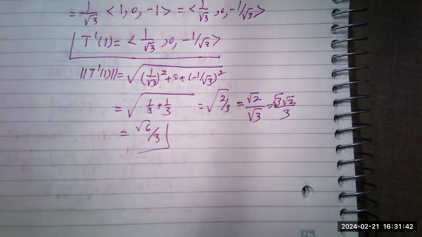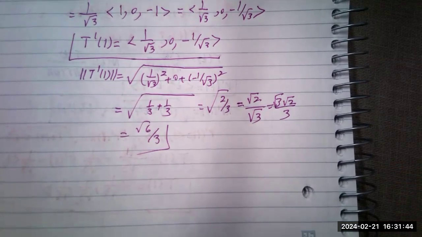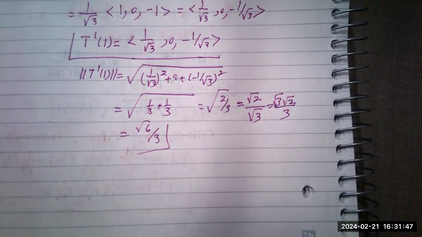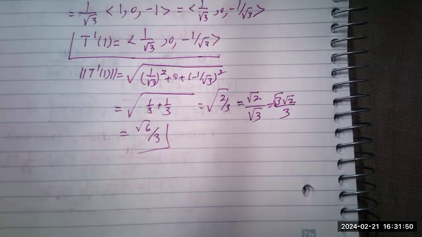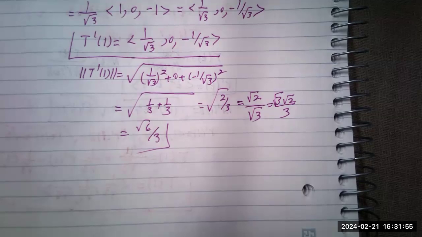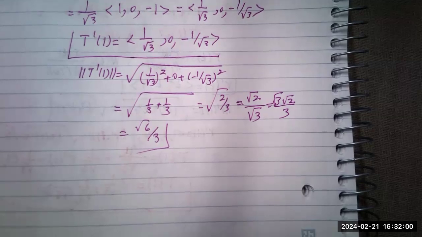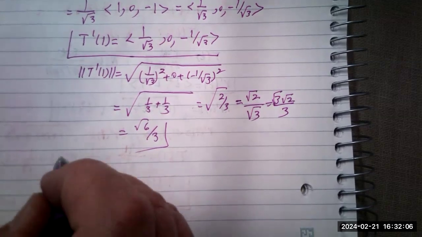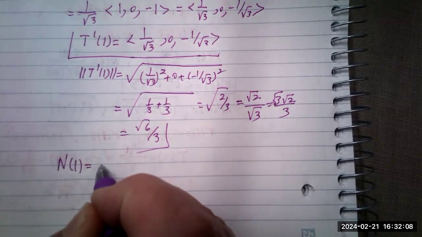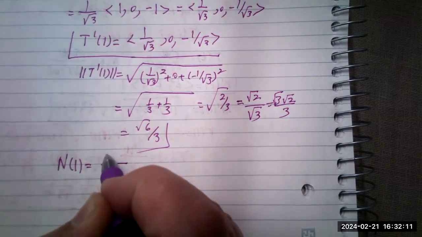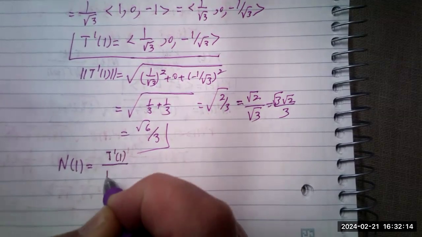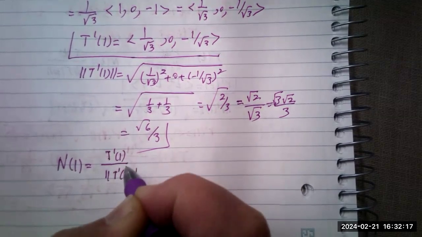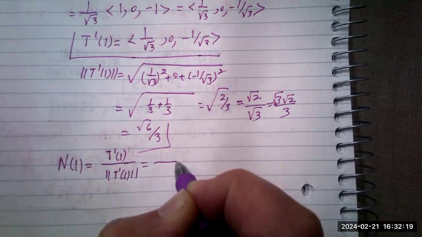I don't know whether it's what I did in the one that I posted for you, but it's almost the same. I have it at T1, which is correct. Yeah, that one would be simplified. So this is it, normalize it. So what is going to be N of 1? N of 1 is going to be T prime of 1 divided by the norm of T prime of 1.